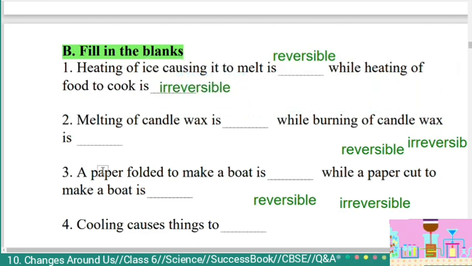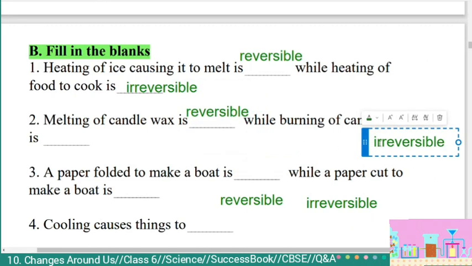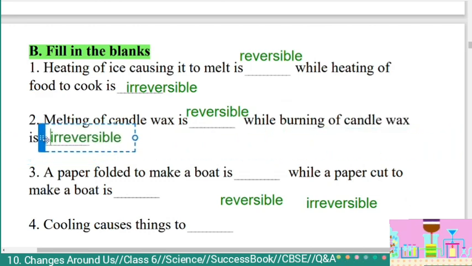Second one, melting of candle wax is dash, while burning of candle wax is dash. Here melting of candle wax is reversible, while burning of candle wax is irreversible.